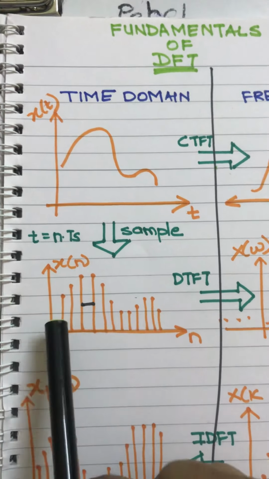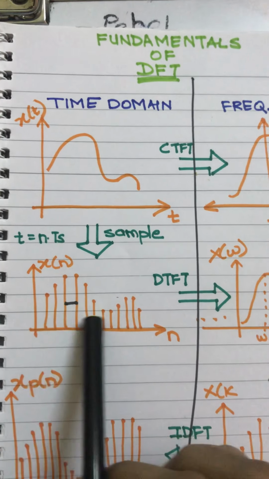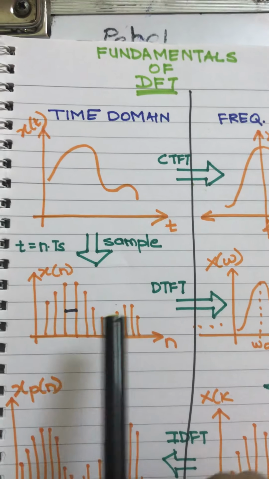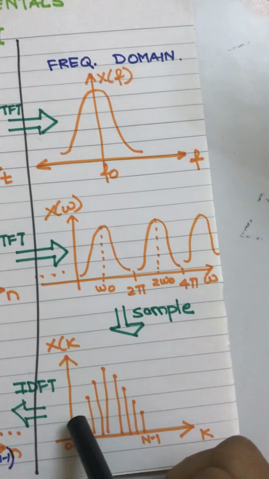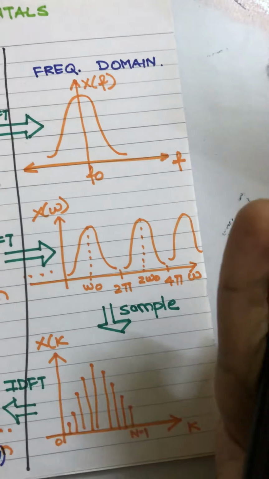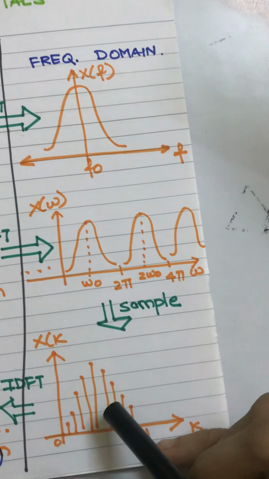So, if there are, let us say, 8 samples here in the time domain, this is a finite duration signal, and if I am taking 8 samples in this range, then I have to take at least 8 samples in the range from 0 to 2 pi or even more than that, but the minimum number of samples has to be 8.